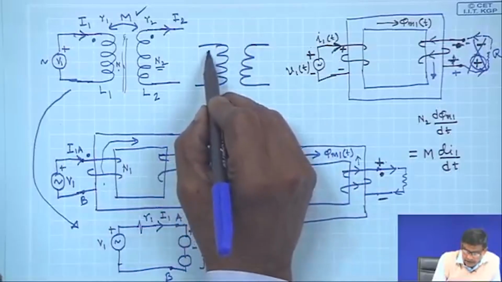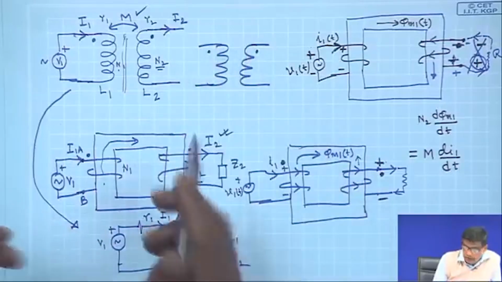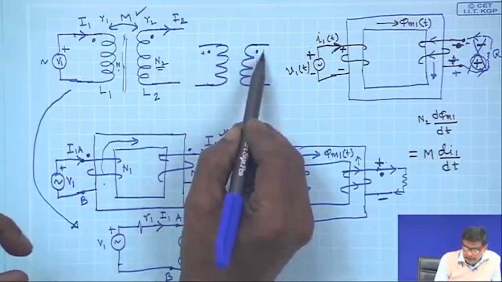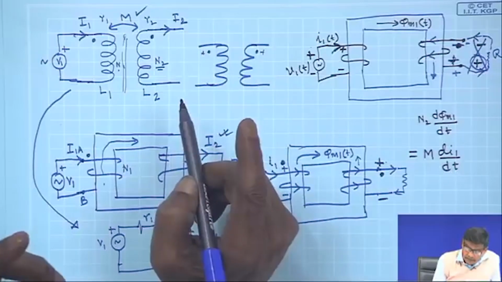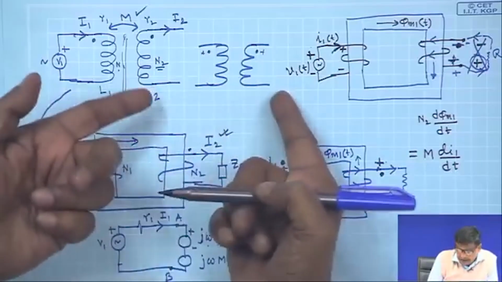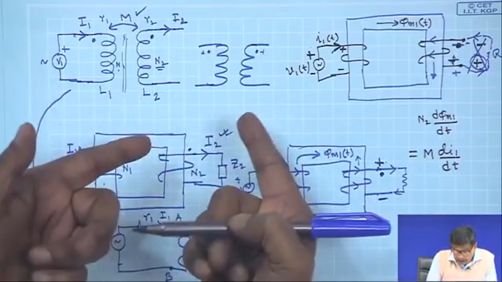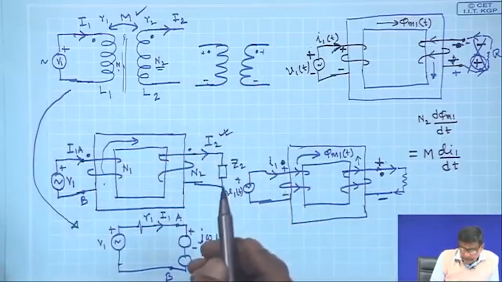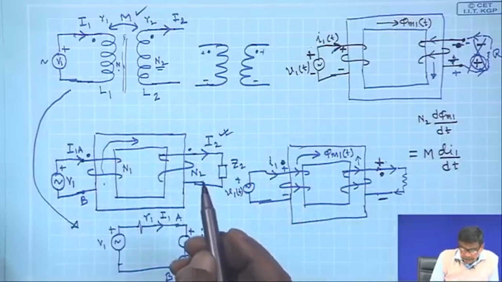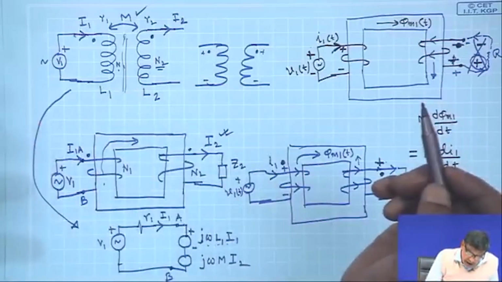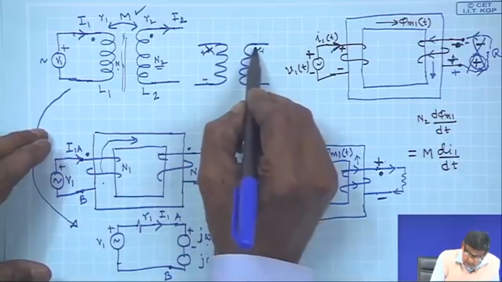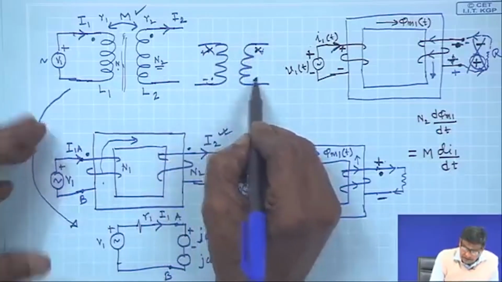Suppose you have been given these two dots. What I told is, at any instant of time, if this is plus, this is plus. Obviously, the other terminals which have not been marked will also be like terminals. So, if I like, I can erase these two dots and put dots here also, this is equally correct.